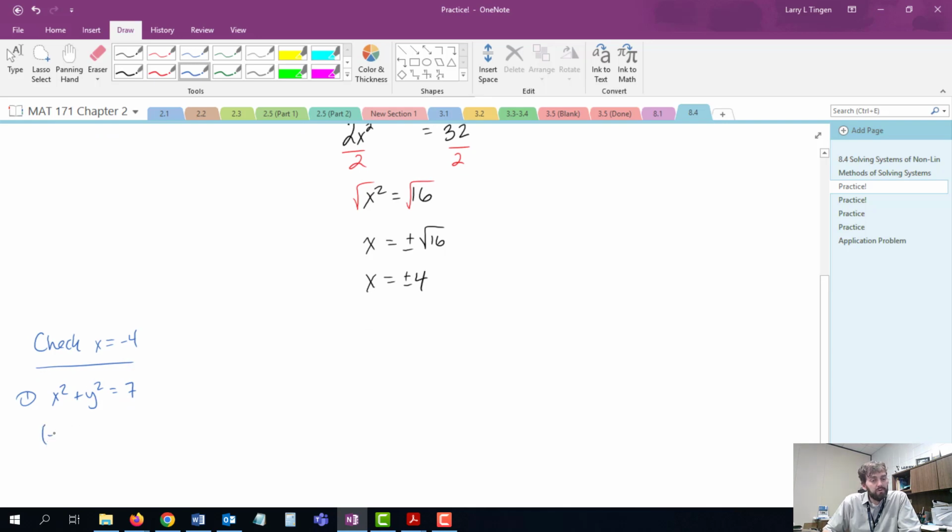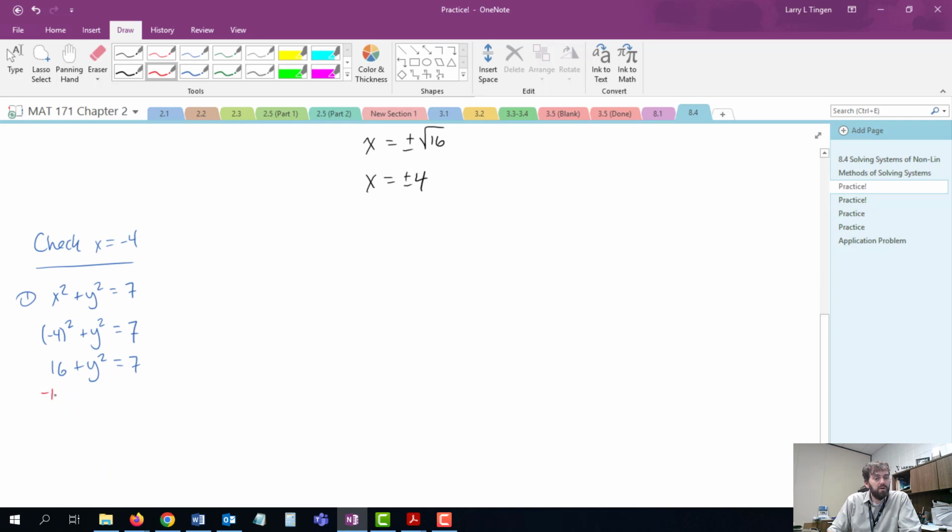X is negative 4, so that's negative 4 squared plus y squared is equal to 7. Negative 4 squared is positive 16. I'm trying to solve for y, so I'm subtracting 16. I'm always solving for the variable that I don't know. Y squared is equal to 7 minus 16, which is negative 9.